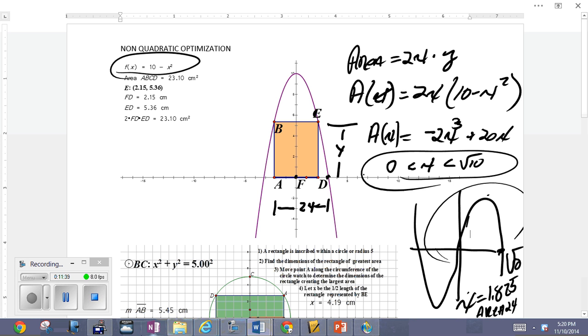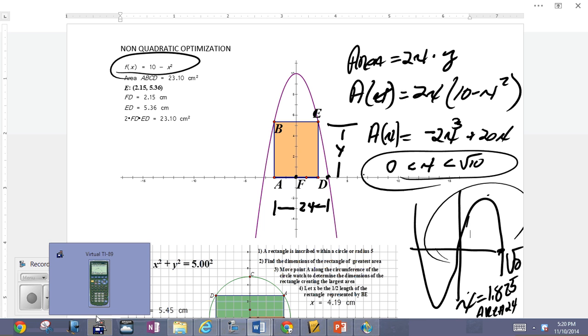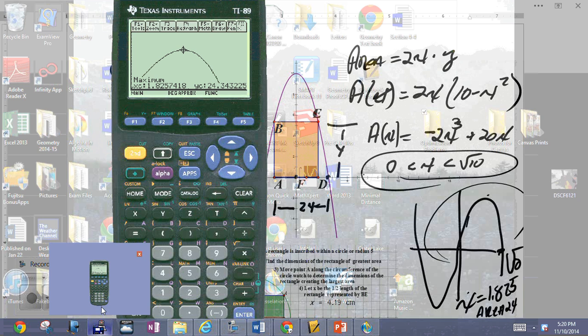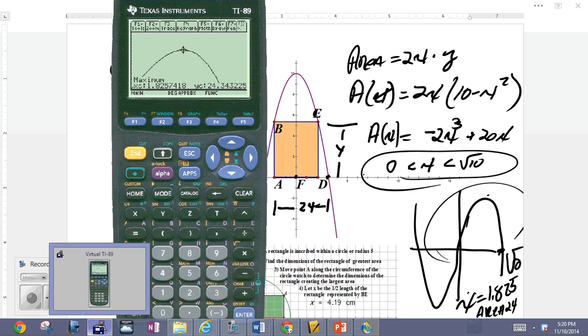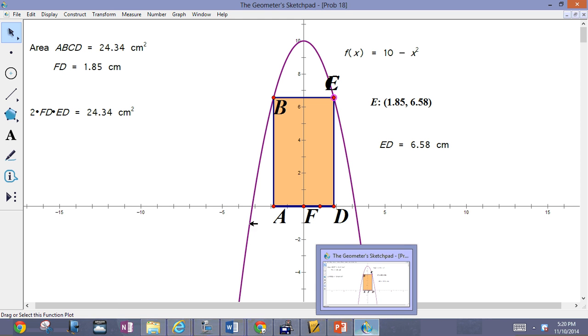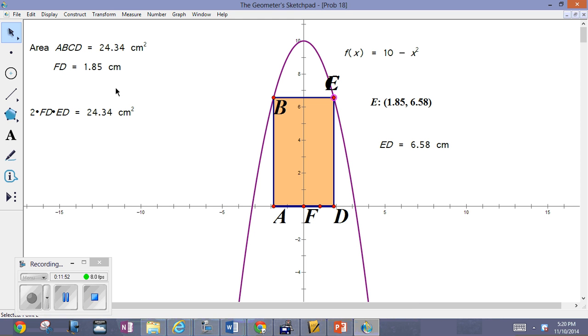My area max was, let's go back to the calculator and read that off again. That was at 24.34. And that's pretty consistent with what I have here. And the FD, it might be a little bit off, some estimation errors, but that's pretty much consistent with what I found analytically.